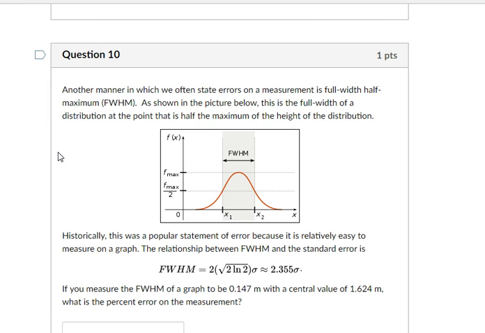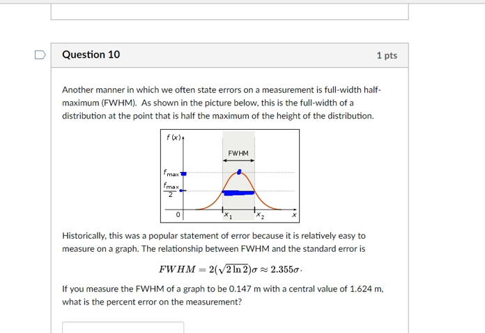If you have a graph of a distribution, it's easy to find the central mean, see where that hits the axis, go to half that, and come across to find how wide the distribution is at half of the height of the central value. So, full width at half the maximum.